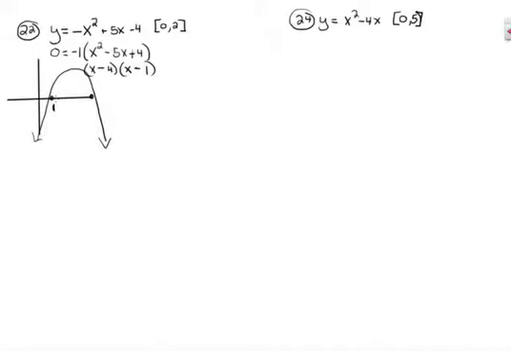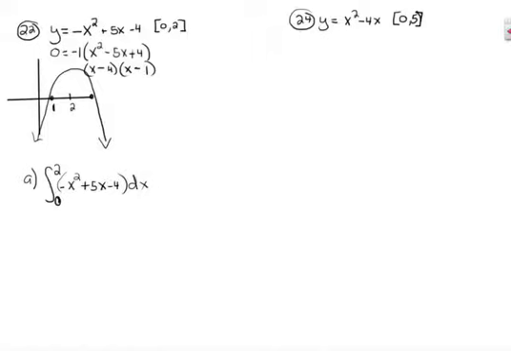Okay, so for part A, I don't really care about the positive and negative. It's irrelevant. I'm just going to do what the math tells me to do. So I'm going to set it up to go from 0 to 2, negative x squared plus 5x minus 4, put that in parentheses, dx.